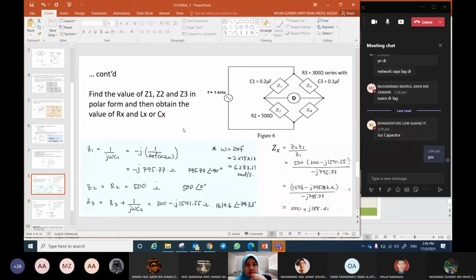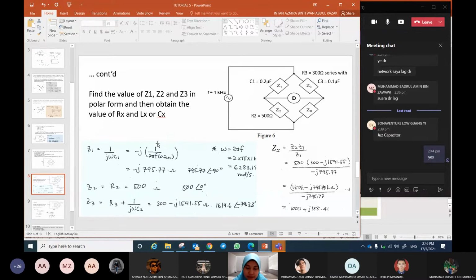Okay. First, you use mode complex. Please use mode complex in your calculator.